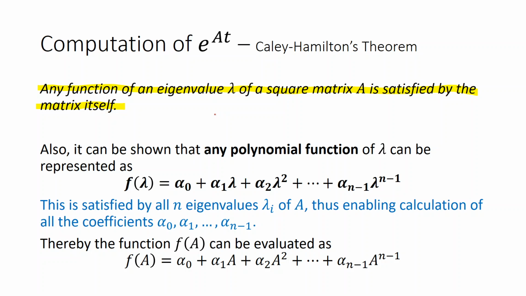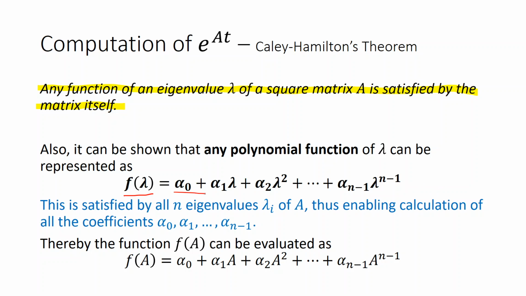So now if we have any polynomial function which is a function of the eigenvalue lambda, then that polynomial function can be represented as a sum of terms with the highest order of lambda as n minus 1, and there are no further terms.